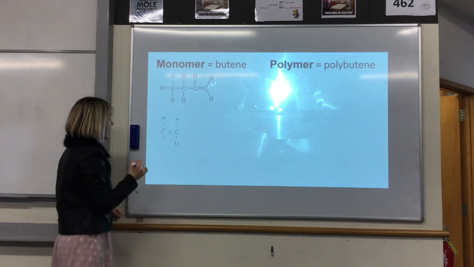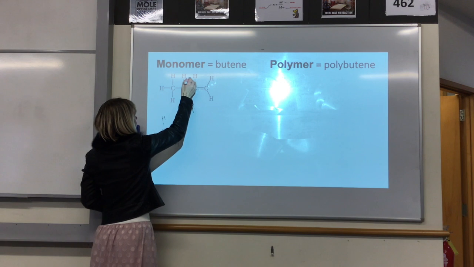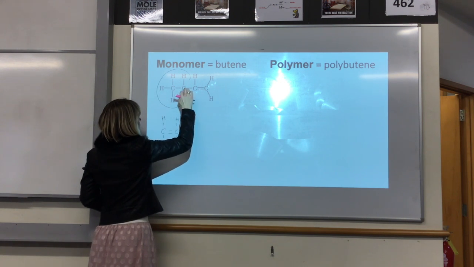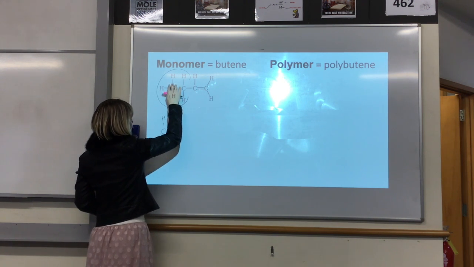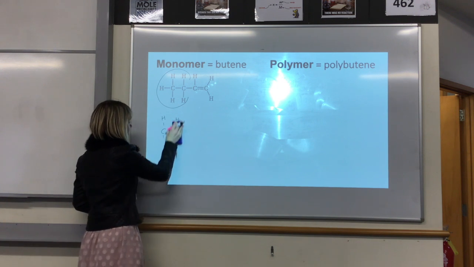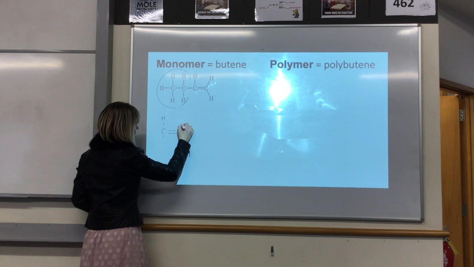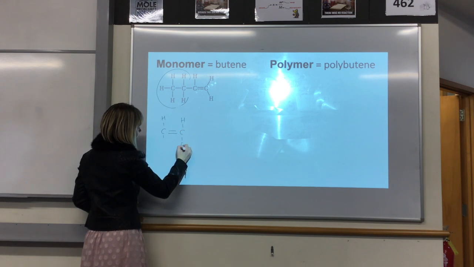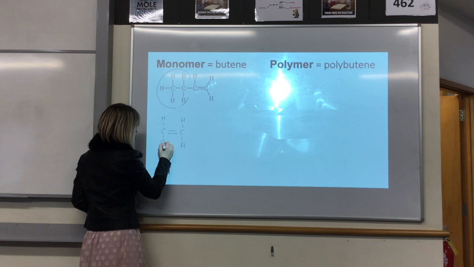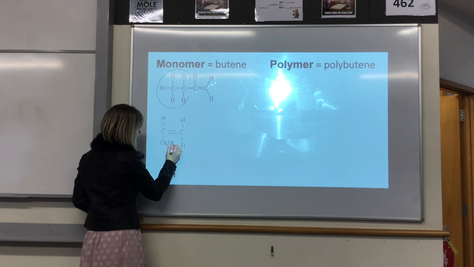Now this is not easy. What you've got here is CH2 and CH3, and it kind of takes up space. So I might just draw this double bond a bit bigger to give myself some more space. Okay, so CH2, CH3.